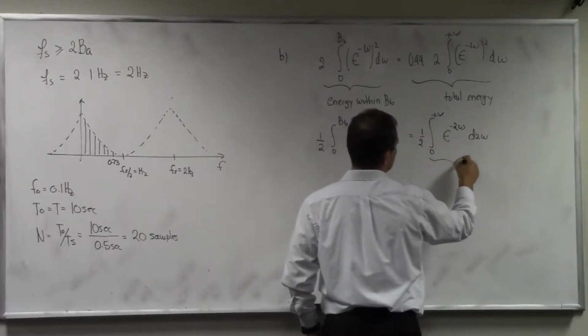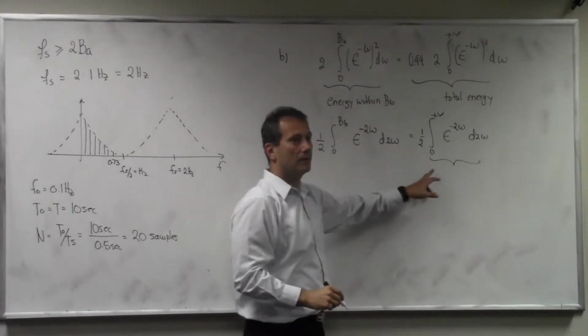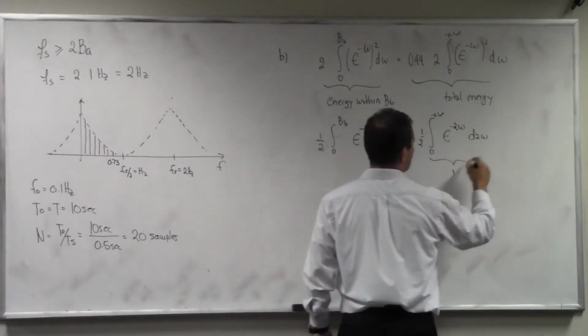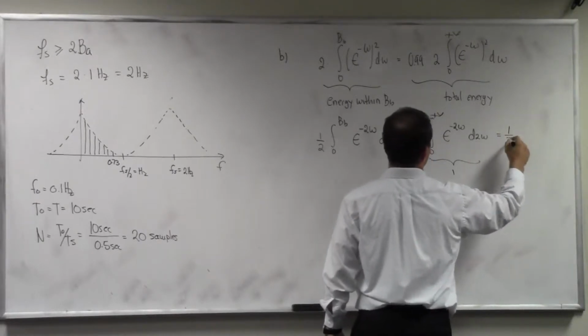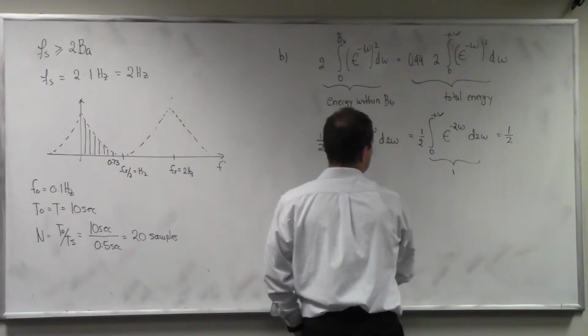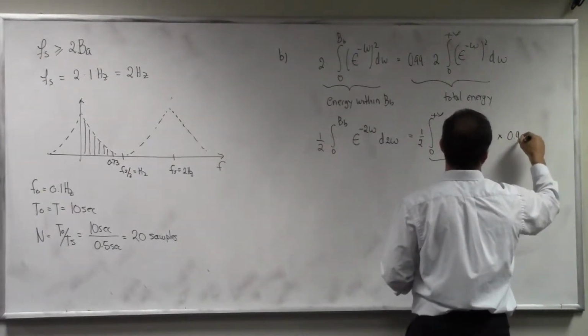What's the value of this integral? It goes to 1. It's 1, right? So this whole thing here is 1/2. And then I'm missing something, right? I'm missing times 0.99.